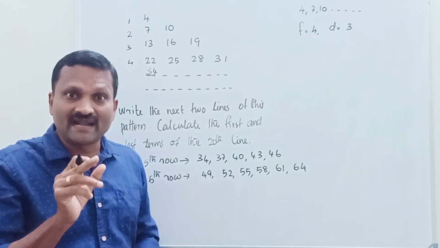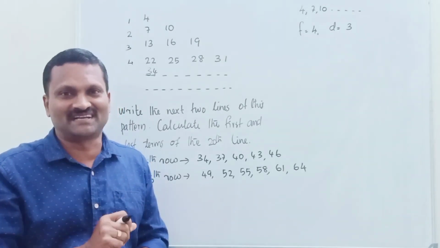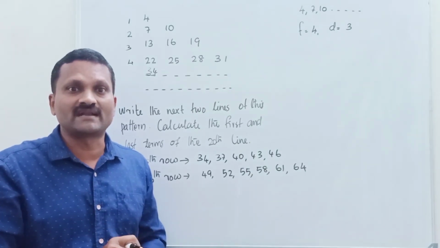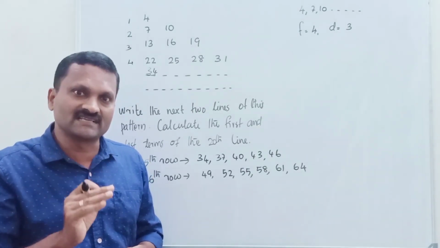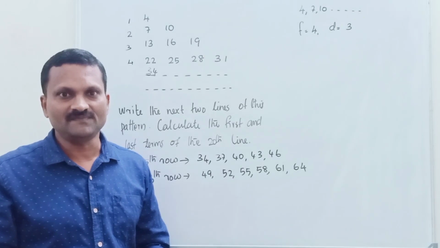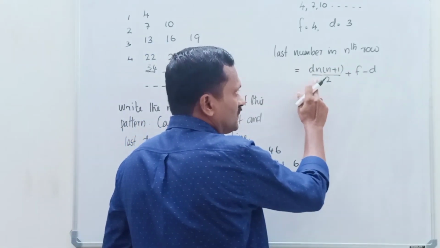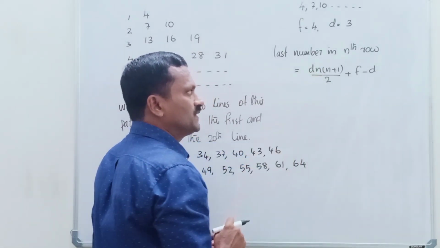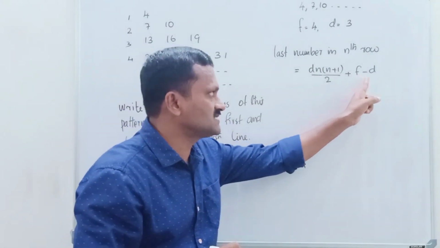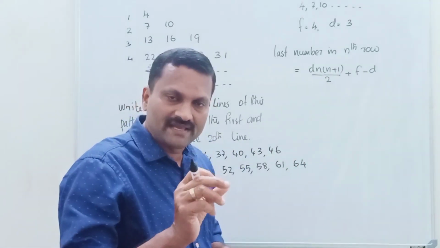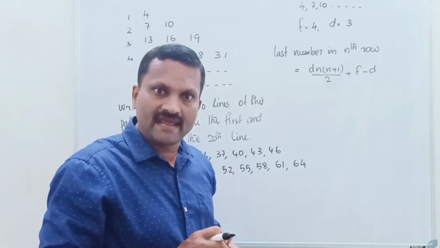The 20th row contains 20 terms. To find these terms, we first consider a formula. The last number in the nth row is d into n into n plus 1 by 2 plus f minus d. It is the formula to find the last number in the nth row.